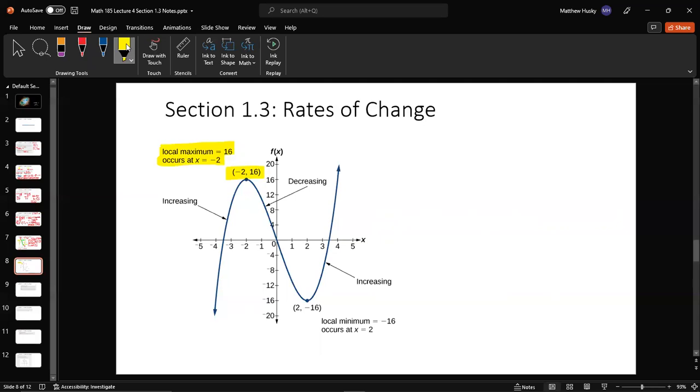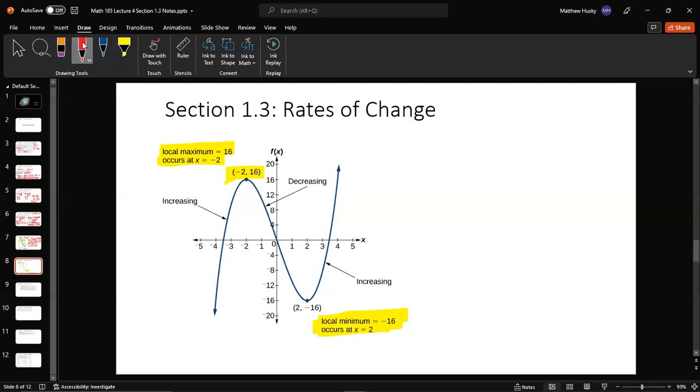As you can see, the graph keeps going up, so there are points higher than that, but local to this area, this is the high point of this bump. And so the max is the y value and it happens at -2. Similarly, the minimum is down here on the other side. The minimum is at -16 and it happens at +2.